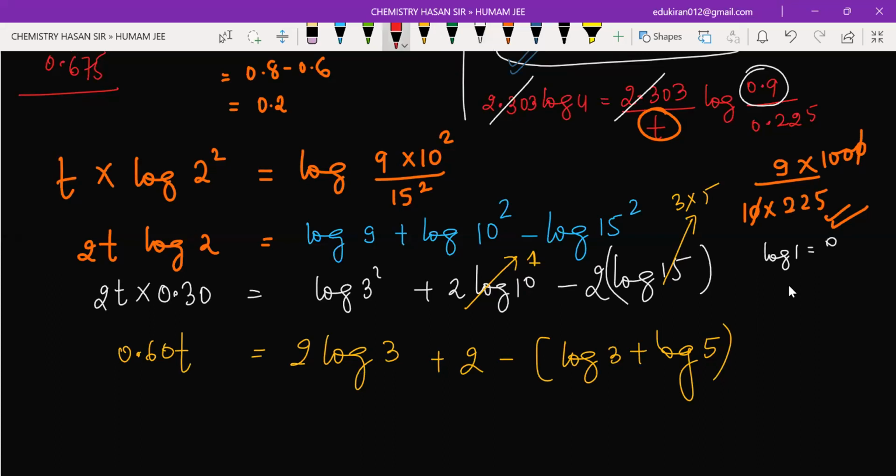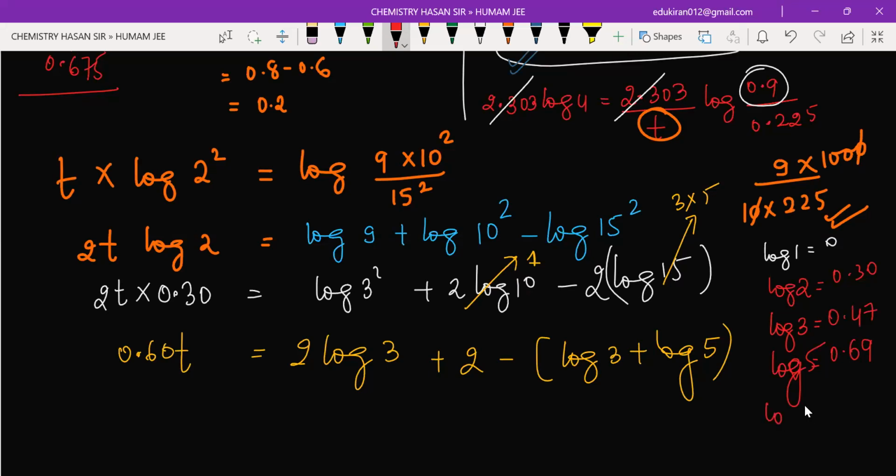Just wait a minute. Log 2 is equal to 0.3010. Log 3 is equal to 0.47. Log 5 is equal to 0.69.